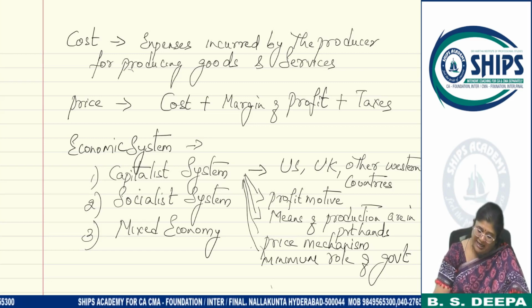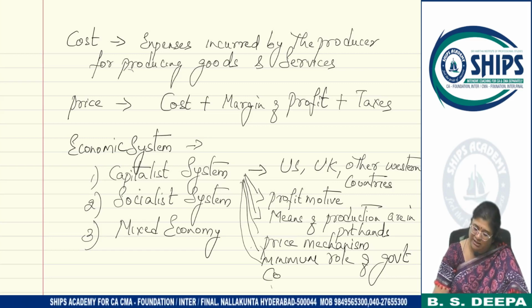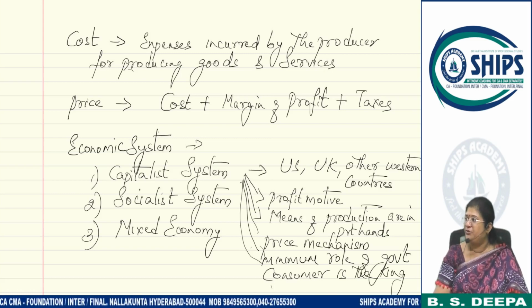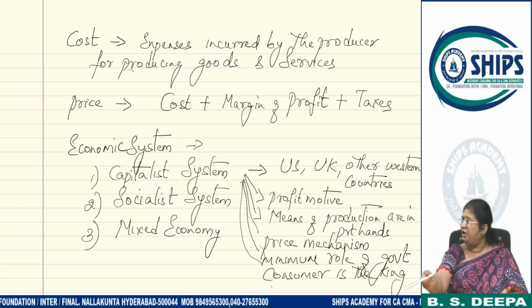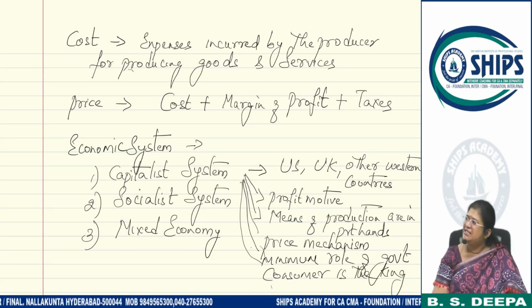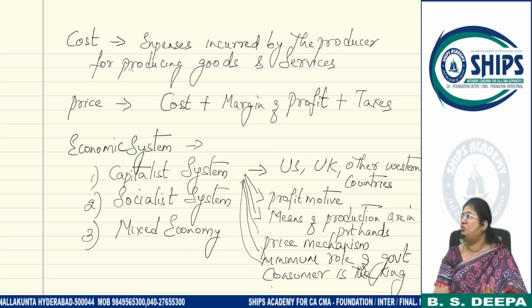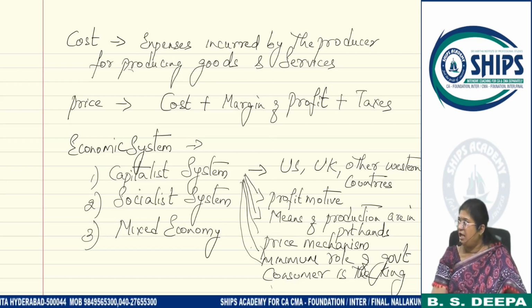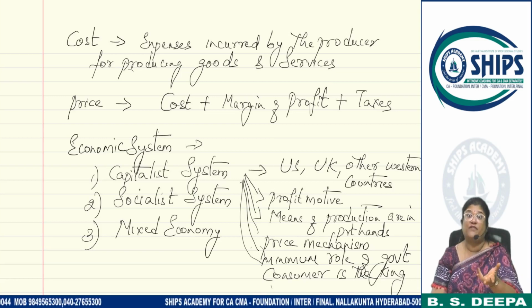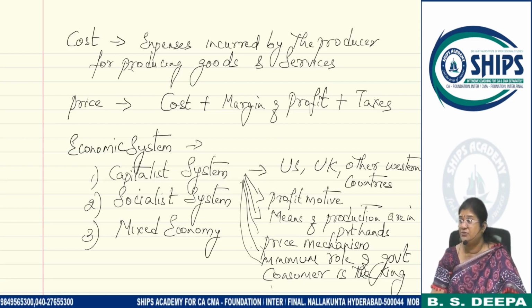Okay, and then here you find consumer is the king. Now whatever the consumer demands will be produced. That means if there is more demand, definitely those goods will be produced. So the consumer can demand; he has every freedom to choose what he wants. That is why you call it consumer is the king. Consumer sovereignty, that is what we talk about.